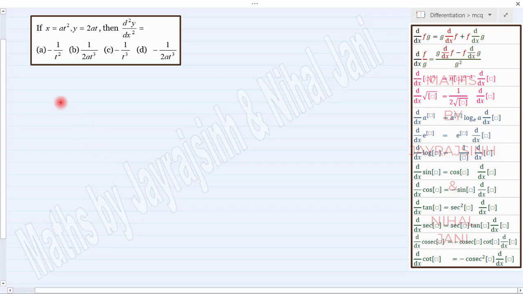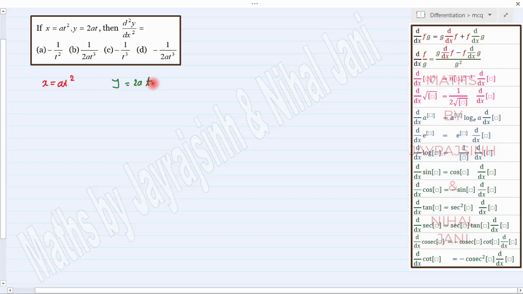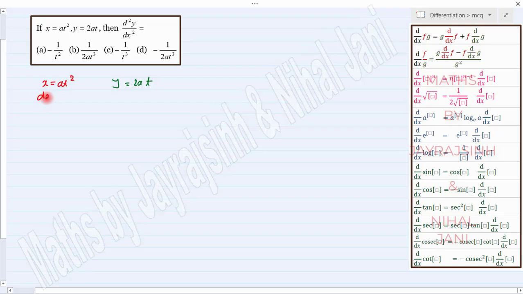If x is equal to at square and y is equal to 2at, then we have to find out d square y by dx square. First of all, let's differentiate both equations with respect to t. So we will get dx by dt is equal to 2at and dy by dt is equal to 2a.